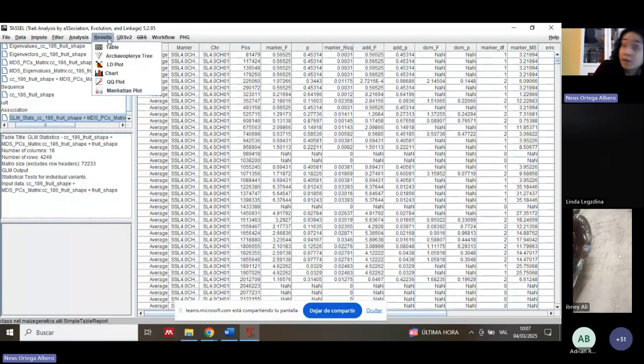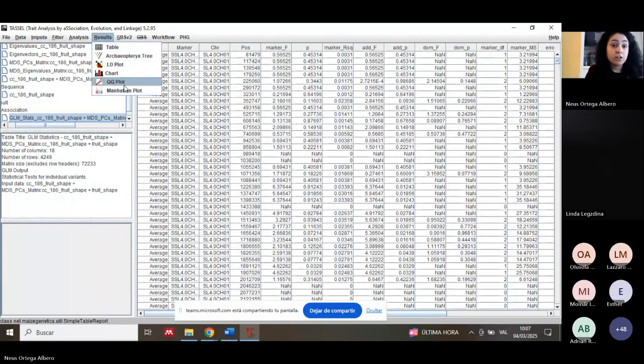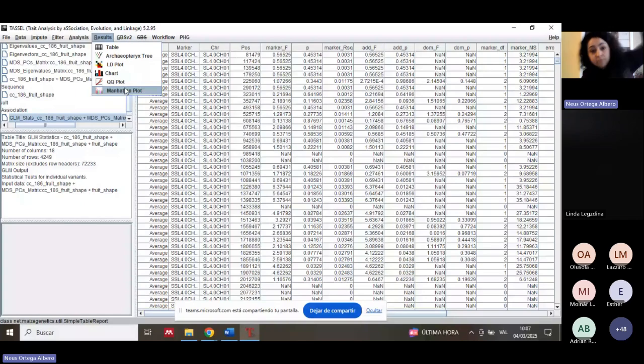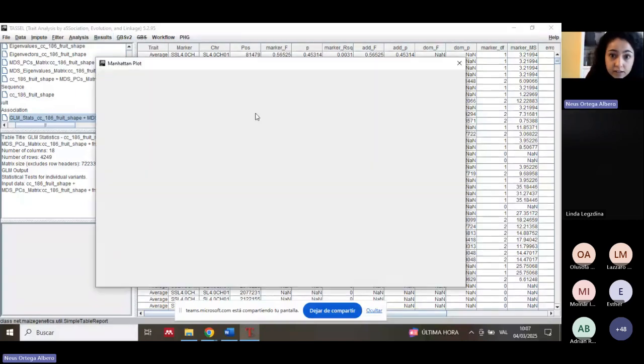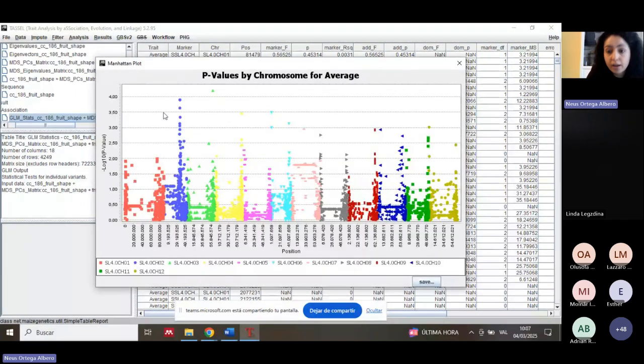Let's see now the Manhattan plot to see if some QTL is associated. Normally we calculate a value from which we consider a QTL statistically associated with the trait, which is around 6.